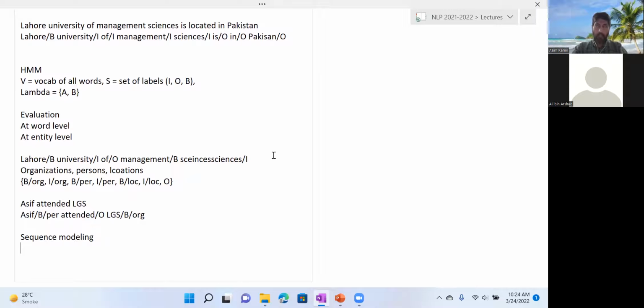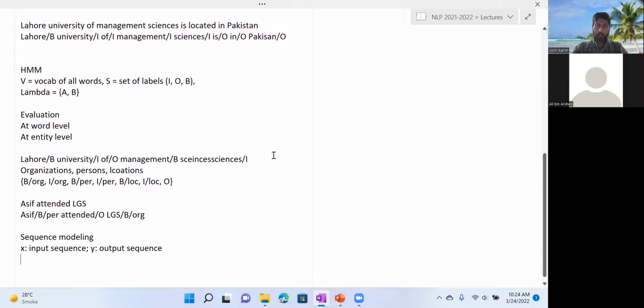So let's say we have an input sequence X. So this is an input sequence. And Y is the output sequence. So X and Y are sequences.